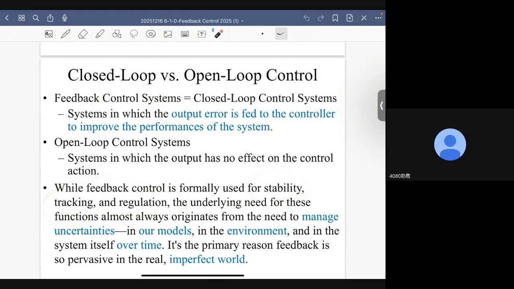The very fundamental reason that we want to use closed loop, that is feedback controls, in the first place is we want to manage uncertainties. Uncertainties are something we cannot predict beforehand, and they are most likely to be random. After all, as we said before, we are living in an imperfect world.